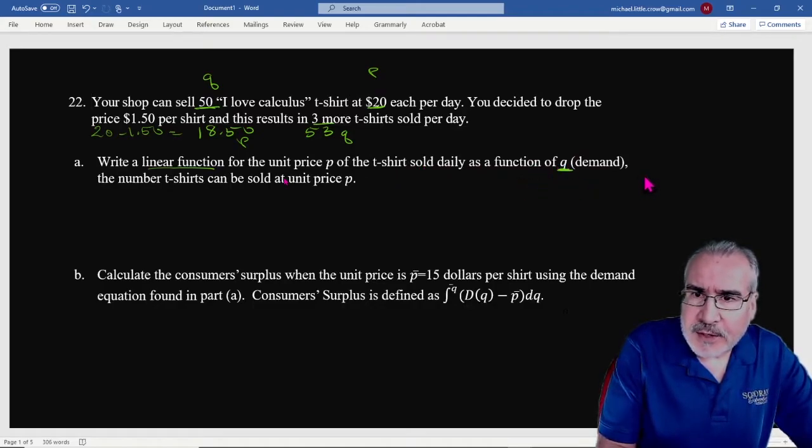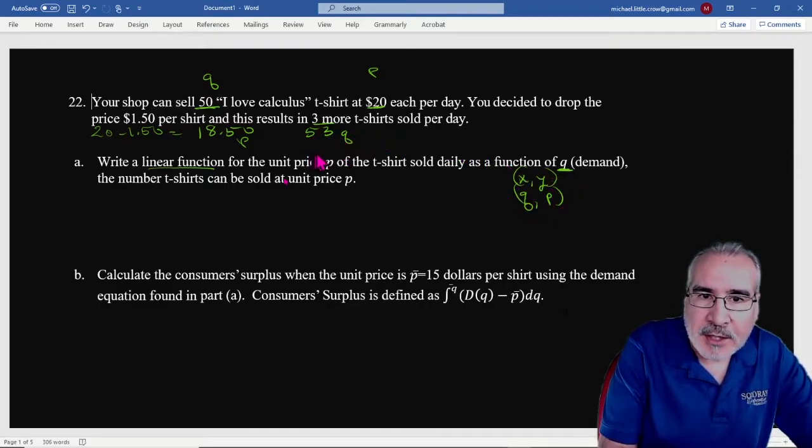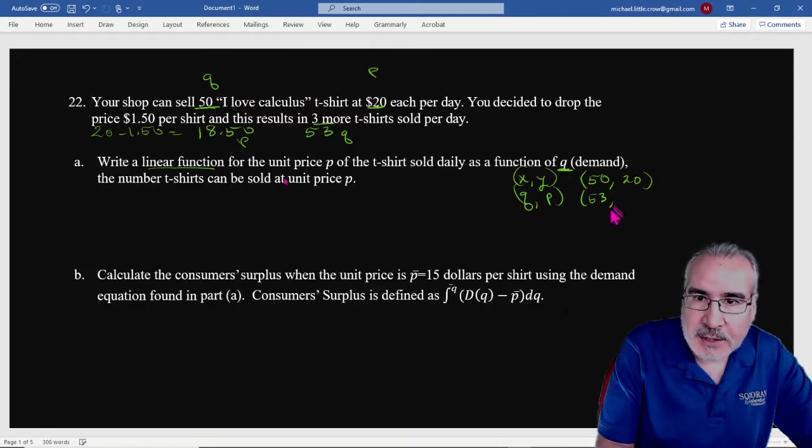We usually think of points as X and Y. X is the input, so we're going to do Q comma P. So we've got 2 points, Q comma P. One point is 50, 20, and the other point is 53, 18.50.